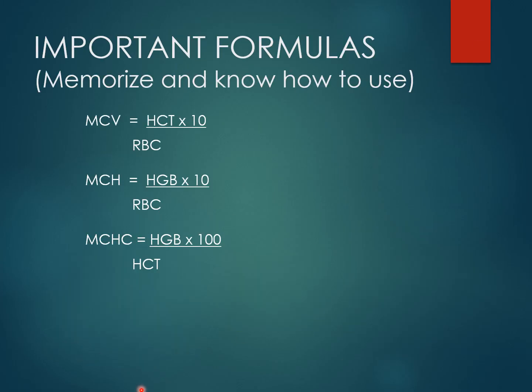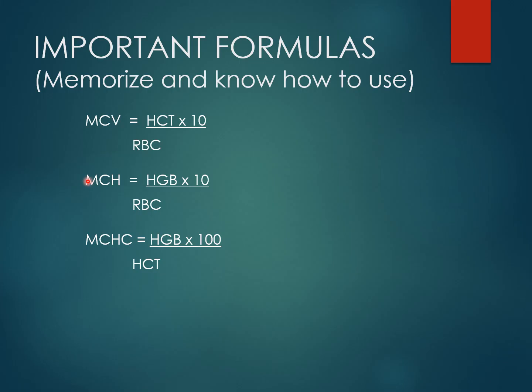All right, important formulas to know. So our MCV, our MCH, and our MCHC are all calculated values. Our instrument takes a variety of components and does a calculation, and let's talk about that. The way that we could calculate our MCV value is we are going to take the patient's hematocrit times 10 divided by the red blood cell count.